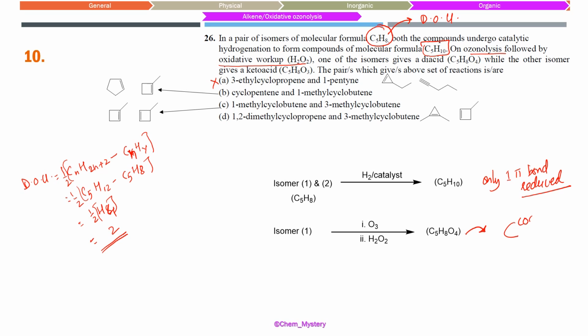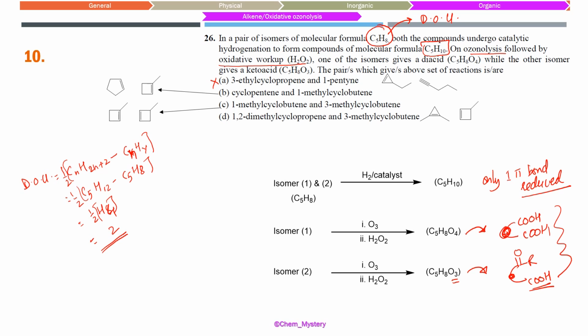The second isomer, upon oxidative ozonolysis, gives just 3 oxygens. That means there is going to be one C double bond O and another C double bond OH. So we need to see which alkene will be working and which might not work for this combination. The correct options for this were B and C.